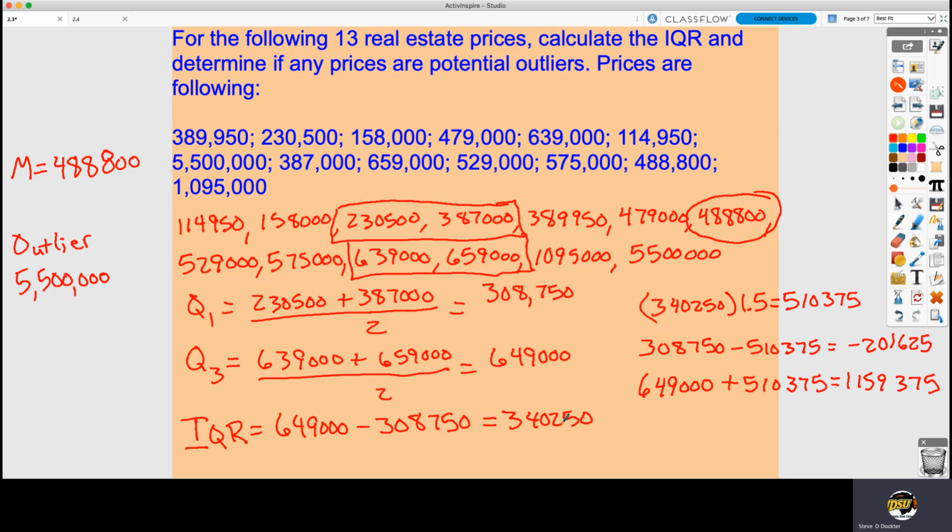Okay, to figure out what the plus or minus is to find our outlier, we just take that interquartile range times 1.5 and then add and subtract it to quartile 1 and quartile 3. All right, questions?